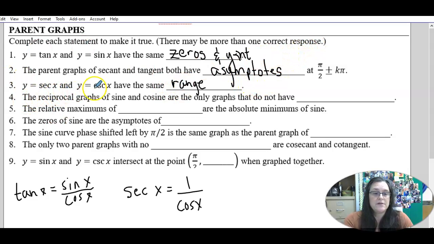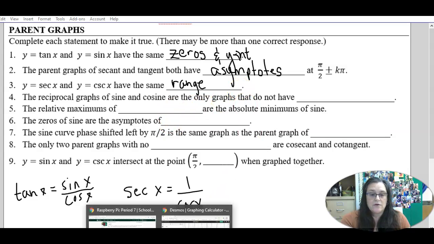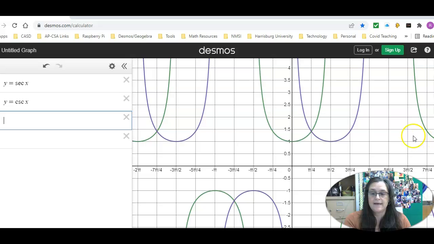Number 4, the reciprocal graphs of sine and cosine. So the reciprocal of sine is the cosecant and the reciprocal of cosine is the secant. So we'll be looking again at the same graphs from number 3. And when we look at those in Desmos, we see that they are the only parent graphs that don't have any zeros, right?